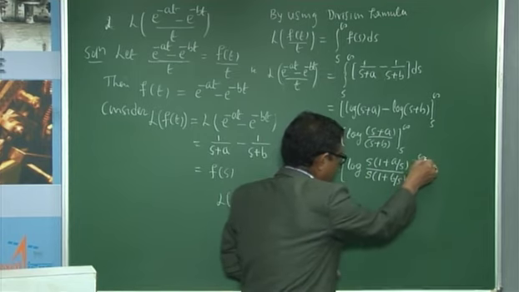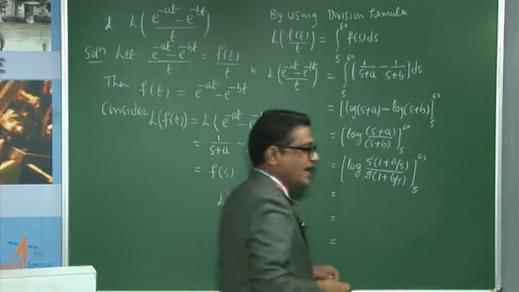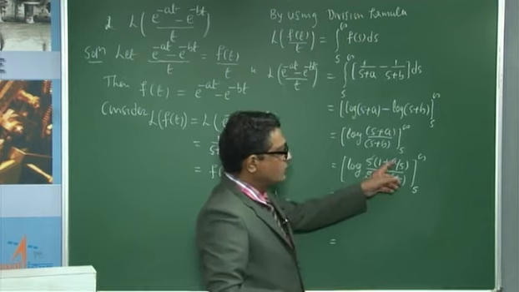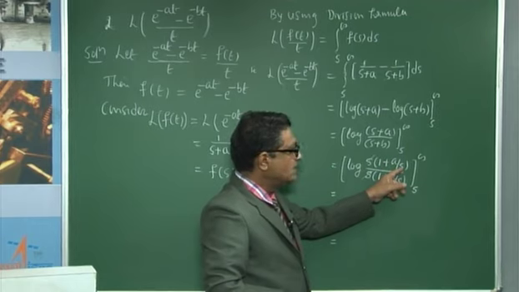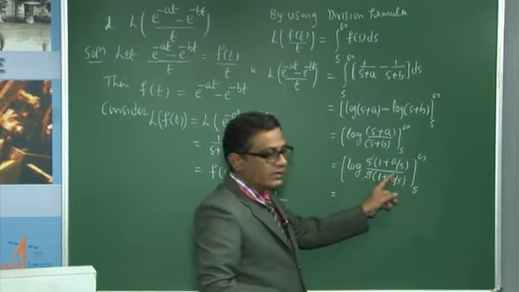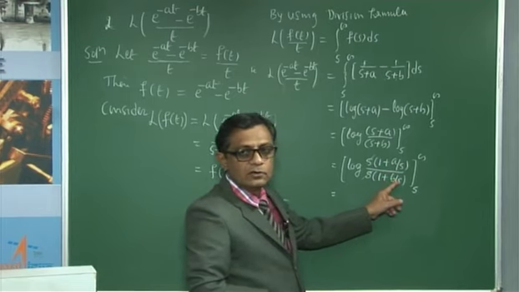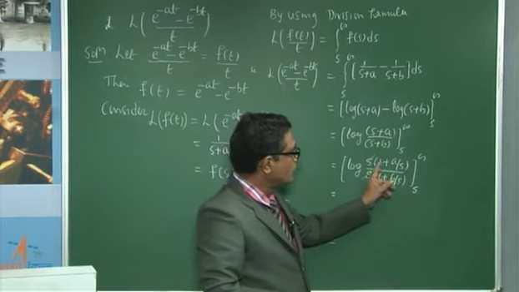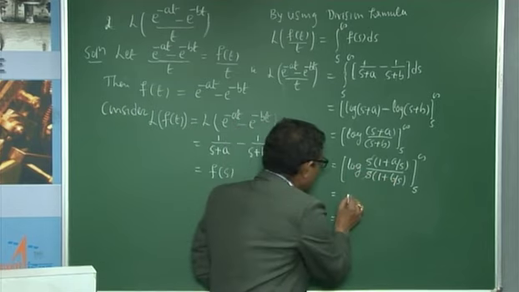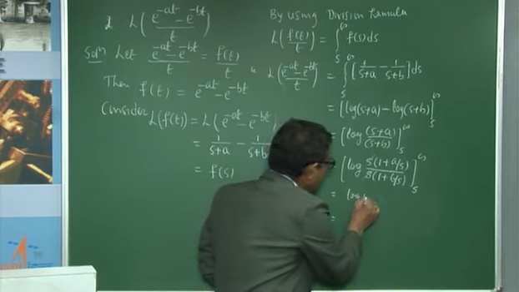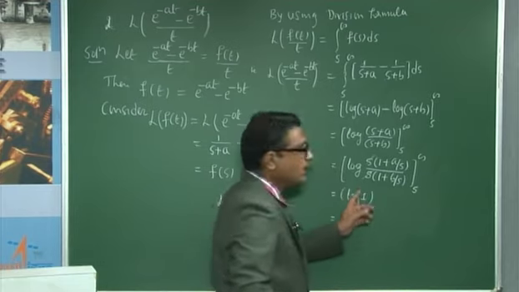Now this s will get canceled. Now if you substitute the upper limit infinity in place of s, a by infinity is 0. Similarly in the denominator b by infinity is also 0. 1 plus 0 by 1 plus 0, it is log 1 only. By putting the upper limit you are getting log 1.